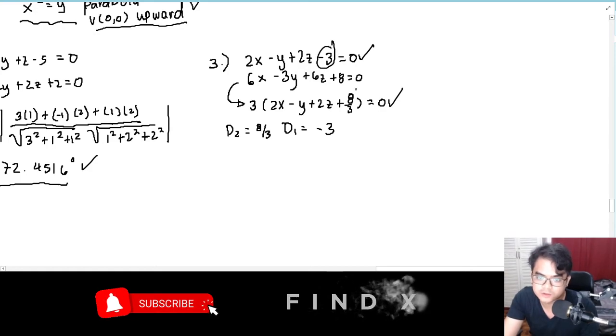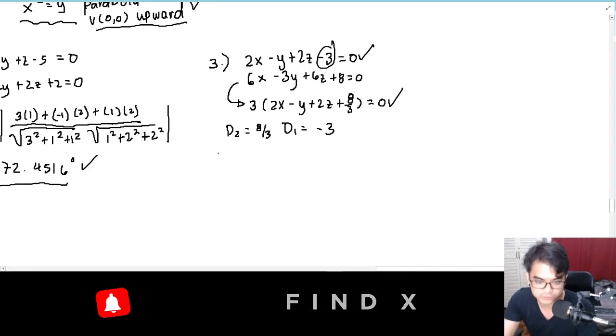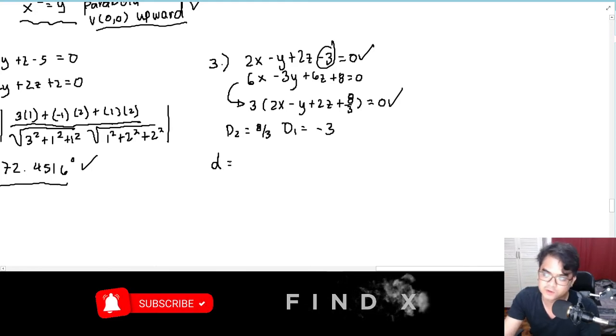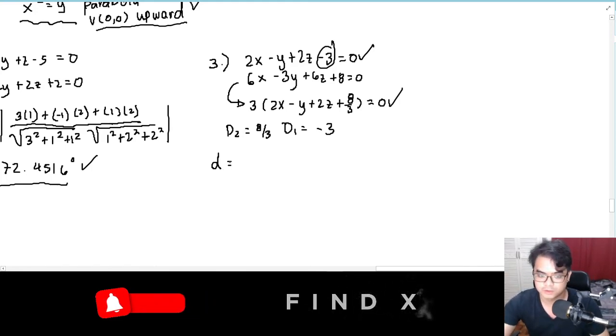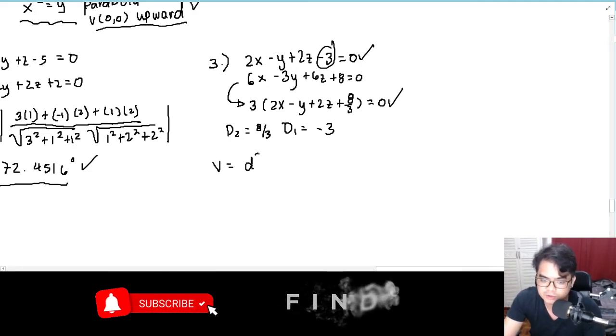So this one and then this one. So to get that, all you have to do is to get the D first. Okay? D. We are looking for the volume, right? But the volume is just equal to D cubed. Okay. So let me emphasize that V is just equal to D cubed.